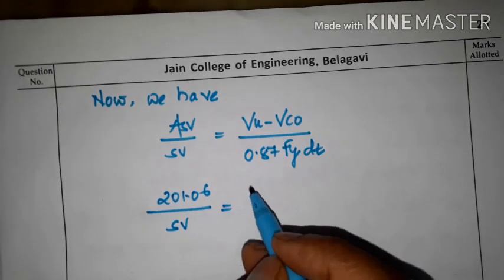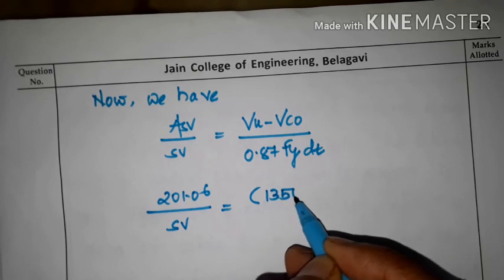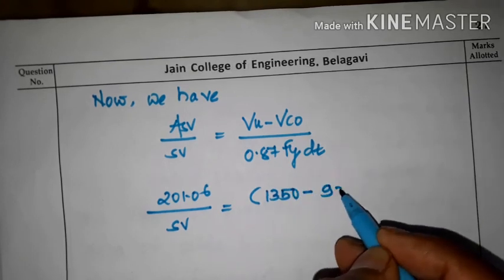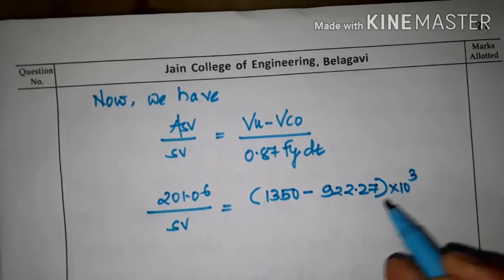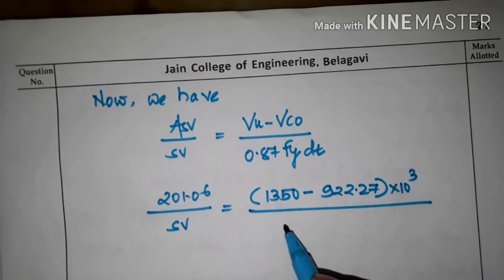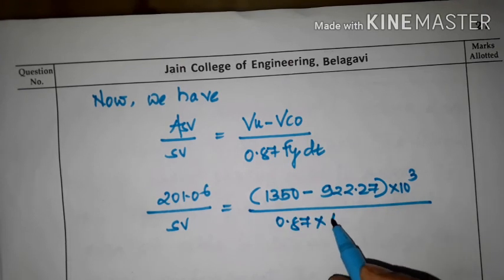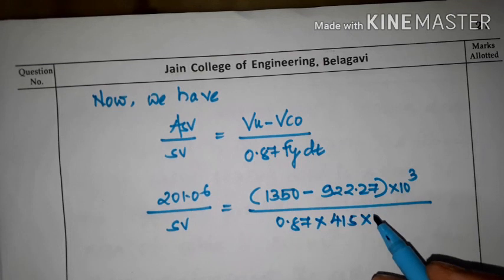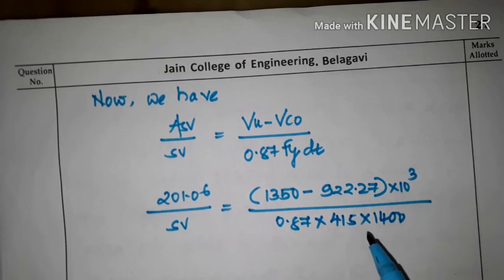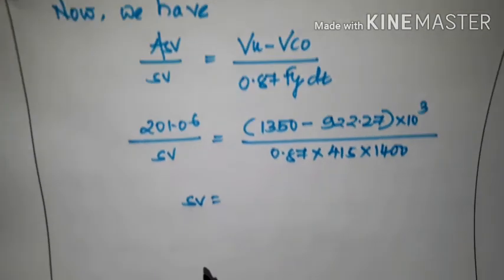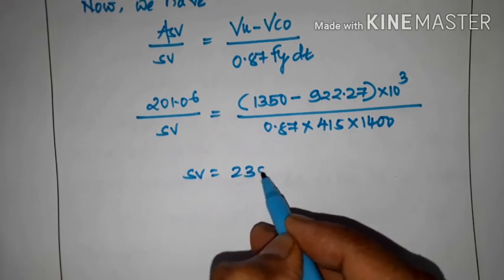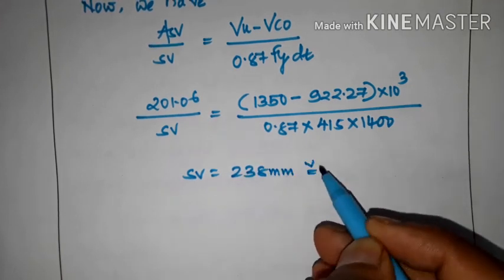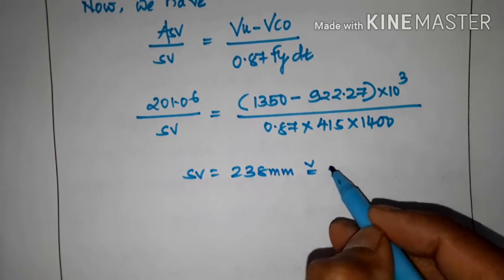So Vu is 1350 minus Vco, that is 922.97, into 10 to the power 3 to make it Newton, divided by 0.87 Fy into dt. dt is 1400. So we will get SV equal to 238 mm. We round this figure to 230 mm.